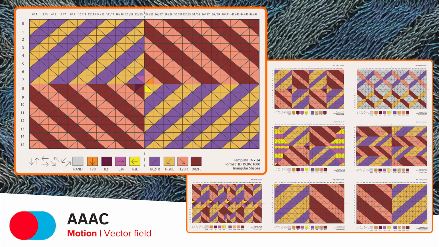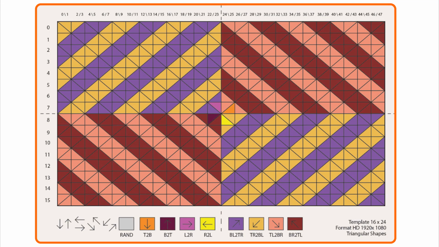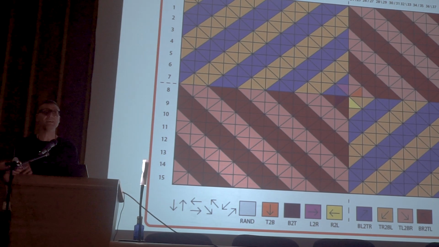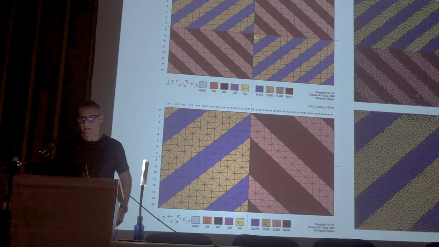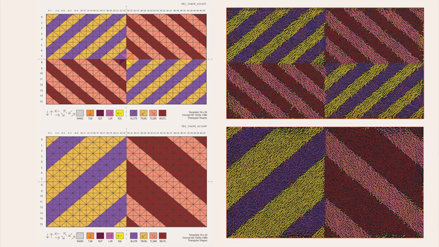So I designed 100 vector fields with different orientations, with different outputs, and I tested most of them, and I curated only the vector fields that produced a good output from my point of view. So here you can see on the left, the representation of the vector field and the output.